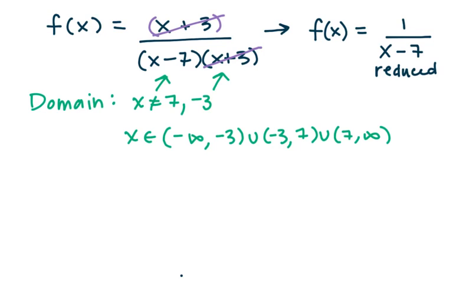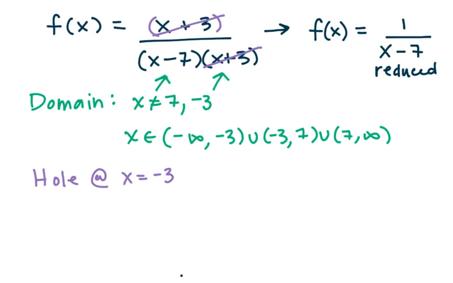So that's my reduced version. So since I canceled the factor x plus 3, that means we have a hole at x equals -3.